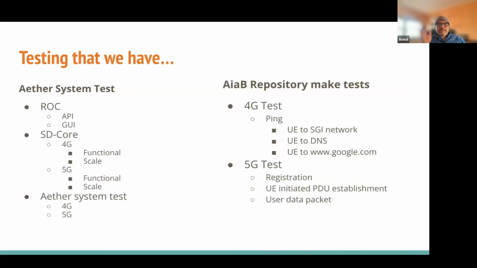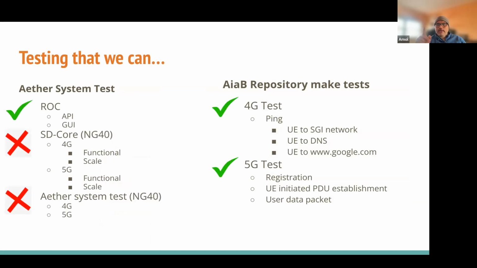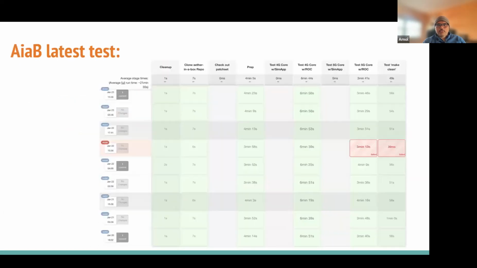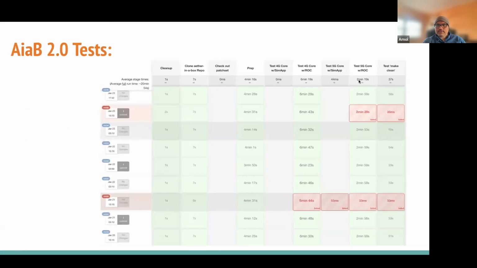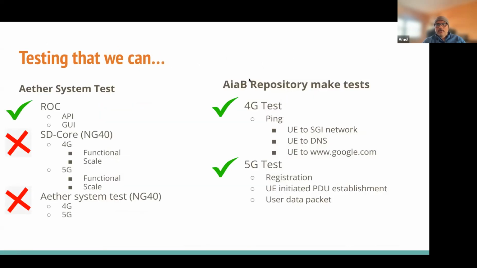So the testing that we have is Aether system test and AIAB repository make test. Currently what we are doing is the right-hand side, AIAB repository make test, what I'm showing here about test 4G and test 5G; all those 4G and 5G tests are under AIAB repository make test.